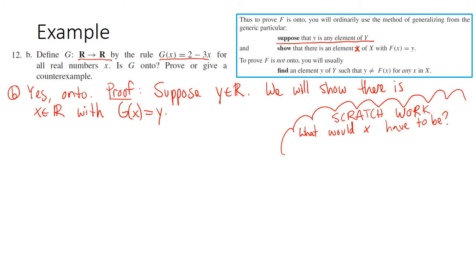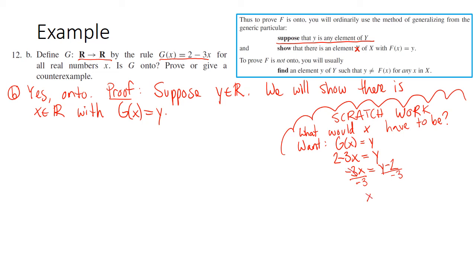So here's what we've got so far. We want g of x equals y. So g of x is 2 minus 3x. Now what you've got to do is just solve for x. I am going to subtract 2 from both sides of this equation, and then I'm going to divide both sides by -3.